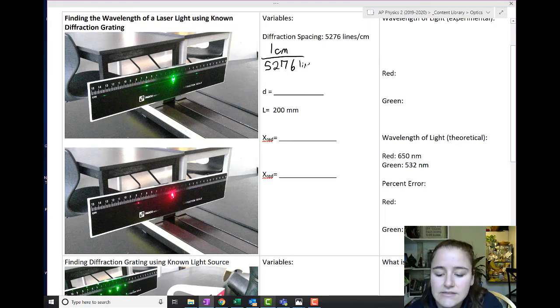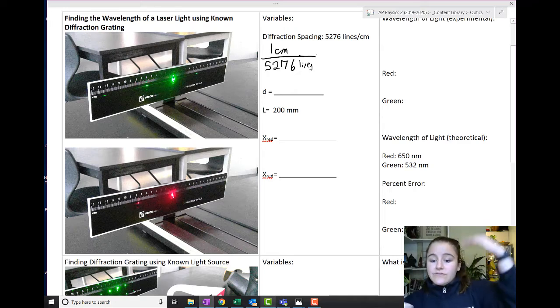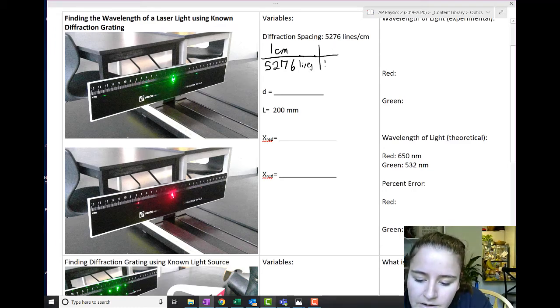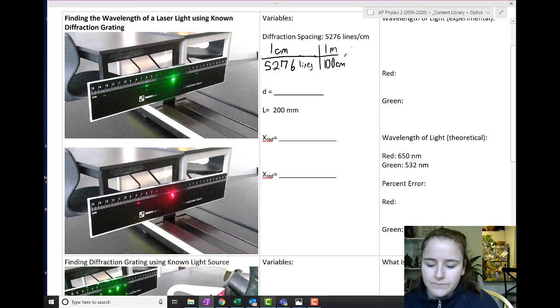So if there are 5,276 lines per 1 centimeter, if we divide 1 centimeter by the number of lines, that'll give us the space of each individual line. Now, I'm going to do one other step in this calculation, which is to convert it to meters. I just want to have the same units throughout, and meters is going to be the easiest way to do that. So I also know that there are 100 centimeters in 1 meter.